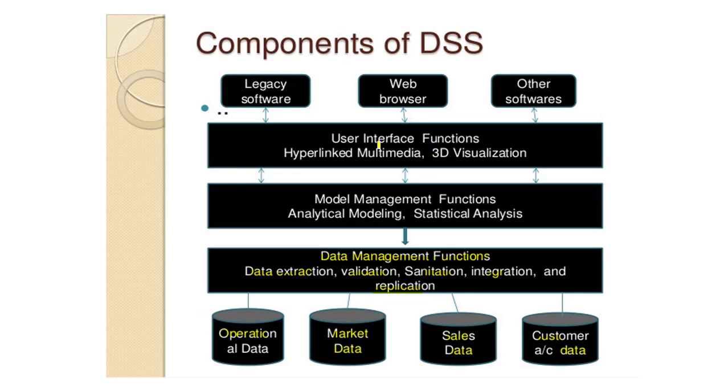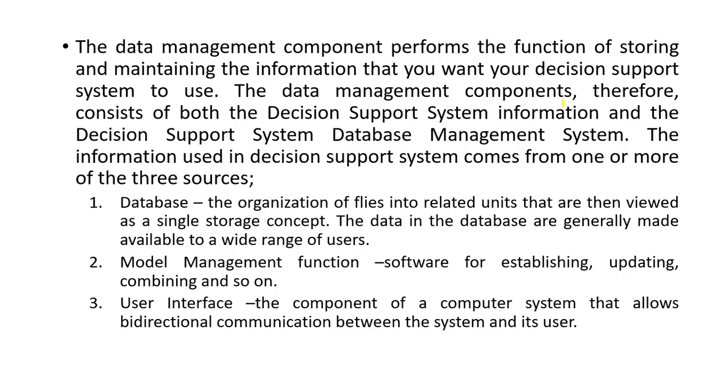Then afterwards, there will be hyperlink multimedia or 3D visualizations of the data that has been plotted and how the output will be displayed through legacy software or through web browser or other software. Okay? So these are the components of decision support system.